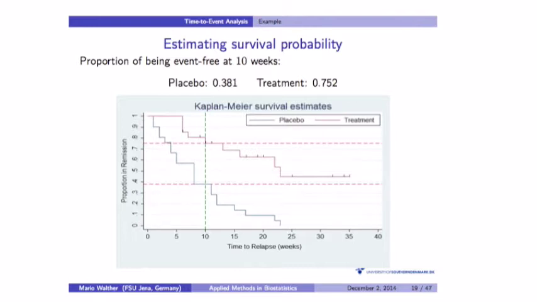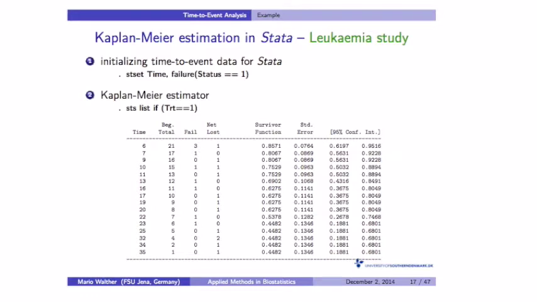Of course, these numbers, 8 or 23 weeks, can also be taken from the list of survival probabilities. That means you can get the median survival time from this table as well.